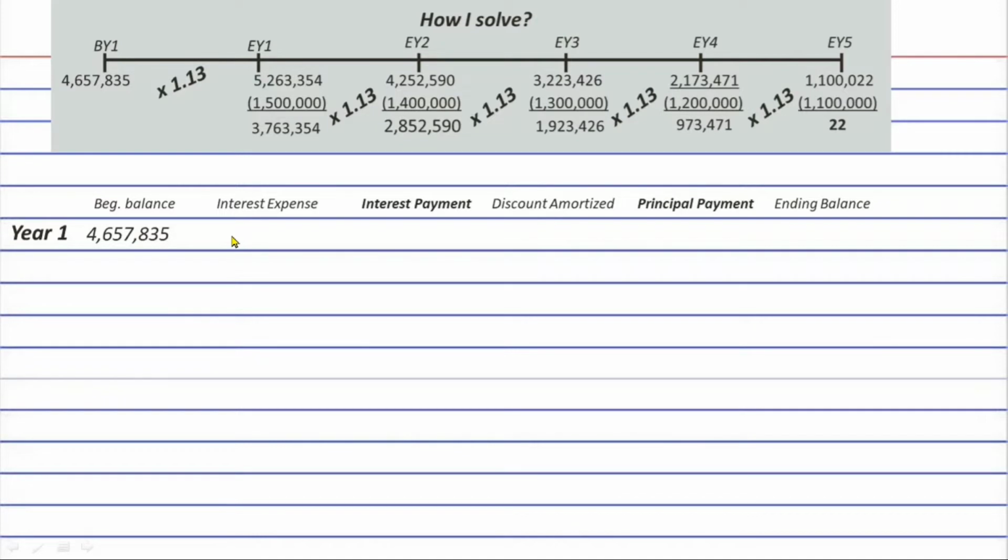So, 4,657,835 times 0.13, or 13%, equals 605,519.